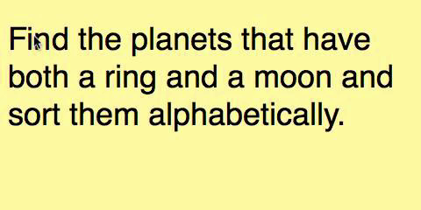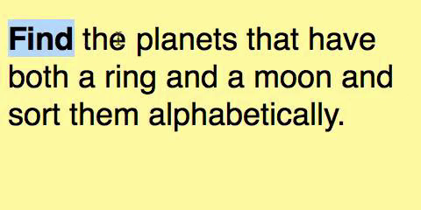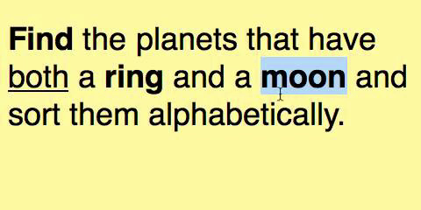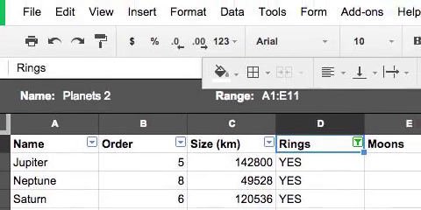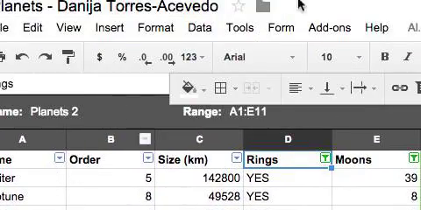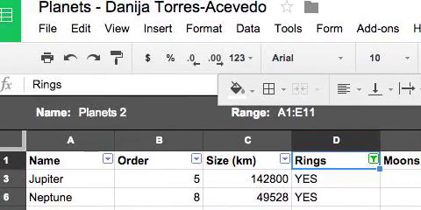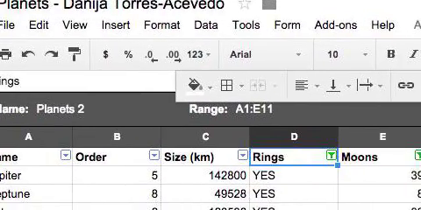The Planets 2 filter should be the planets that have, you want to find the planets, so that's filter, the planets that have both a ring and a moon, and sort them alphabetically. So go ahead, think about that. Think about how you're going to execute that filter and sort, both filters, two ways, and then come back to the video. Okay, make sure you did both the filters and the sort, and then you're all set.